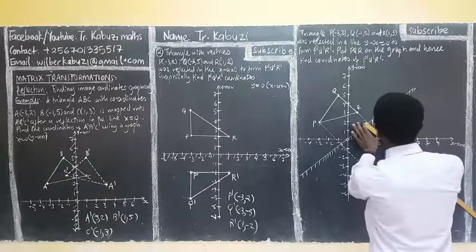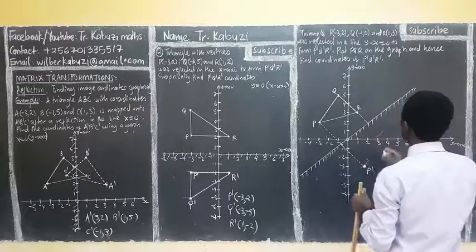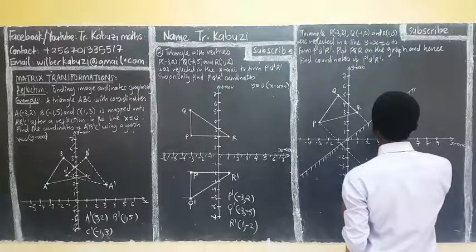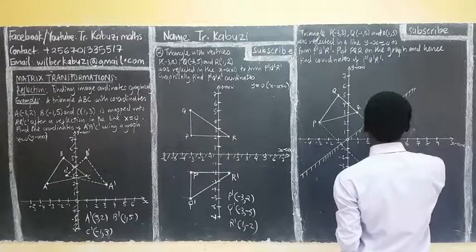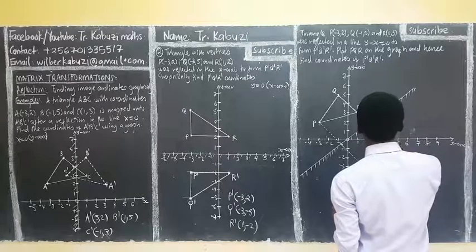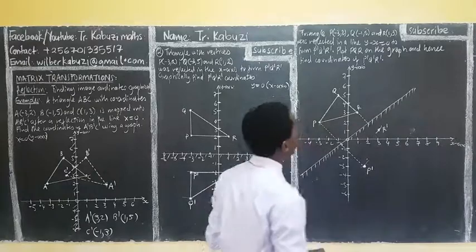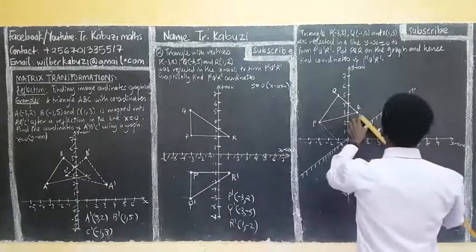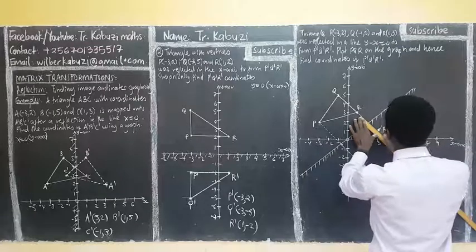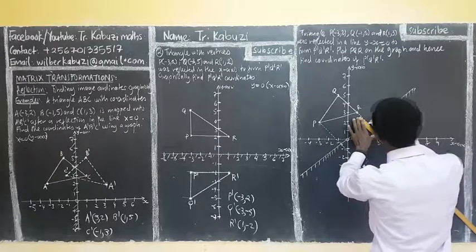That's where my point is going to be, my point R prime. This was my arc there. So that is the perpendicular distance. Then you join it to show that it's the perpendicular distance.